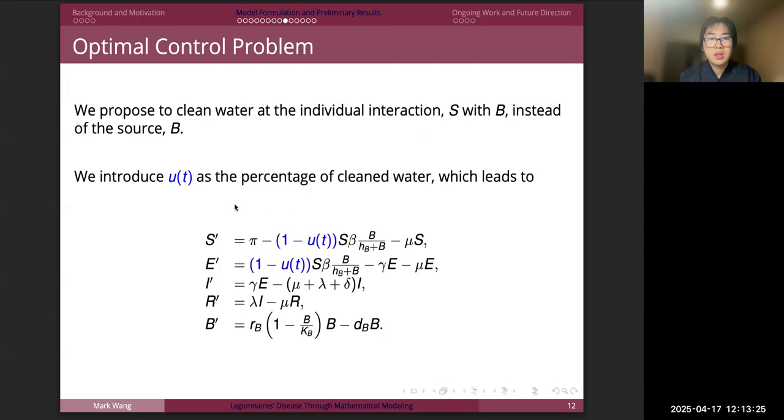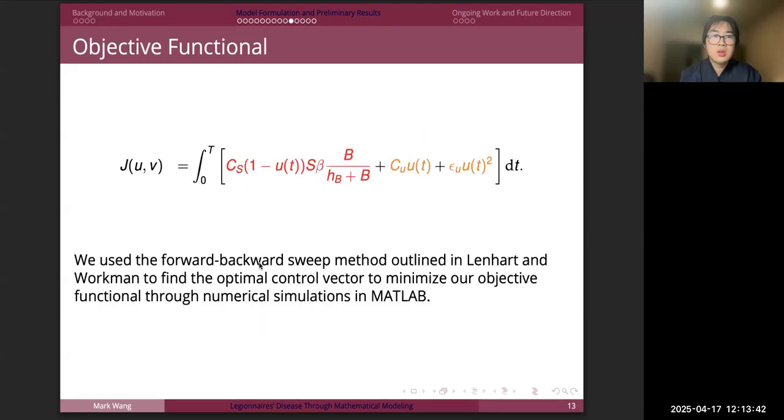Here is our U vector, which is the percentage of cleaned water. We incorporate this into our previous model by adding a 1 minus U(t) term in our susceptible and exposed populations. Using this, we make our objective functional that we want to minimize.